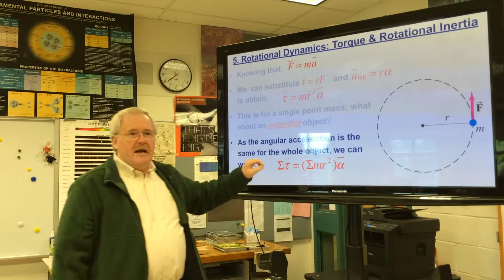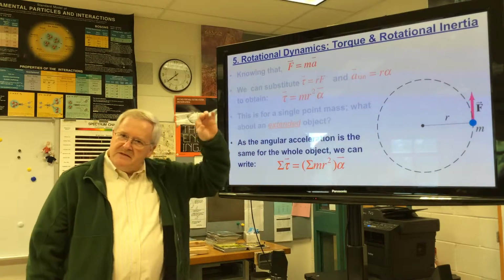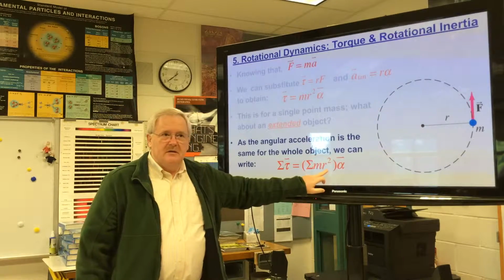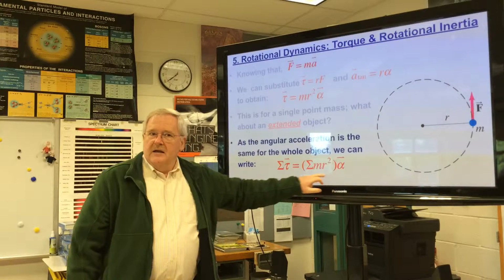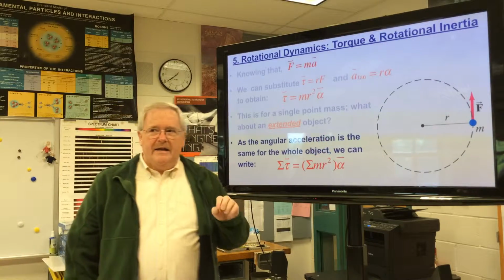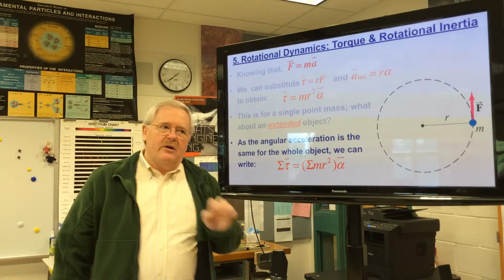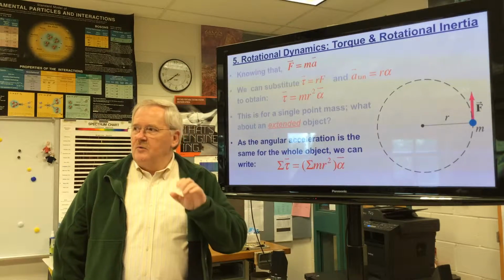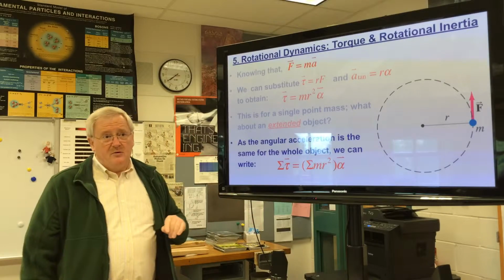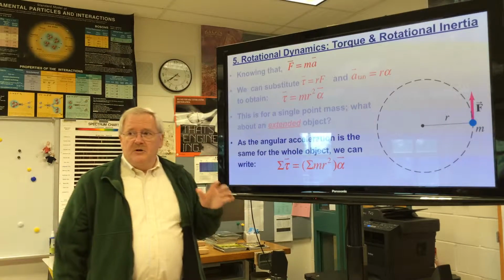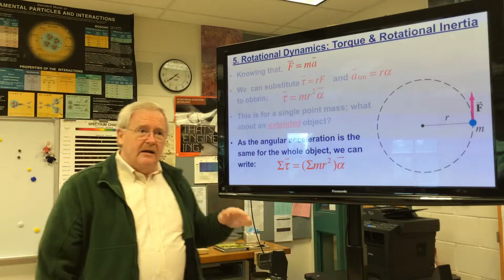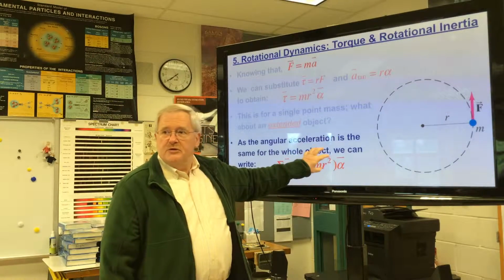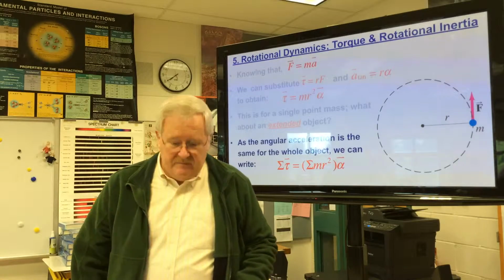We say, okay, we're going to have a torque associated with each little piece of mass all the way around, and that's the sum of those times this. This is actually at a point where we get into the need to use calculus, right? There is no real easy way to do this in algebra. And next year, when you're doing calculus, you'll understand how you can go about coming up with solutions to problems like this.